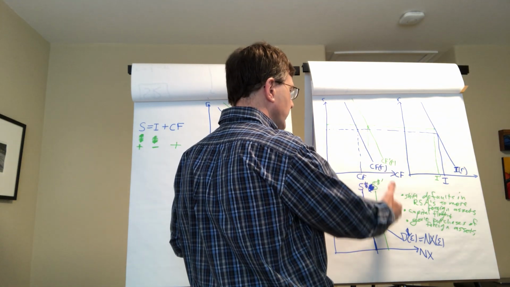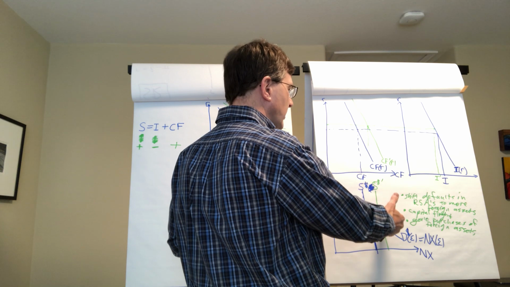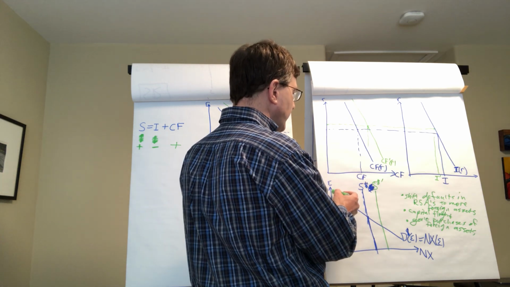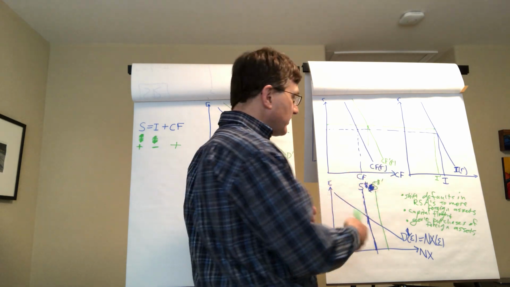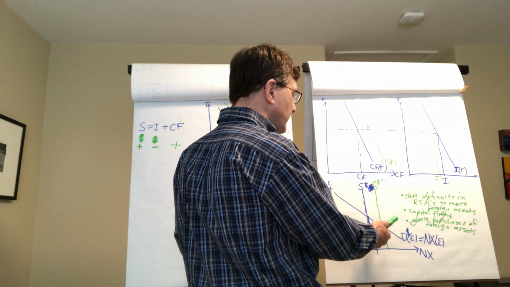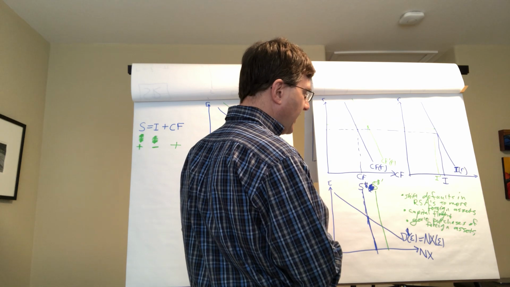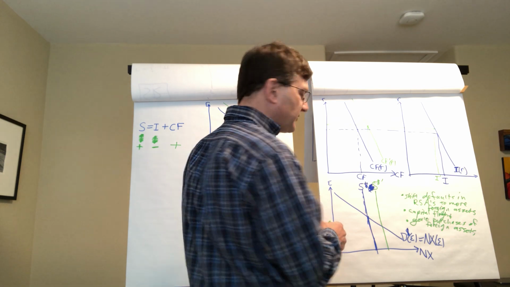So down here, what's going on is the supply of dollars has gone up, so therefore the dollar gets cheaper. Supply and demand works. Greater supply of dollars is going to make the dollar cheaper, and the quantity of net exports will go up.